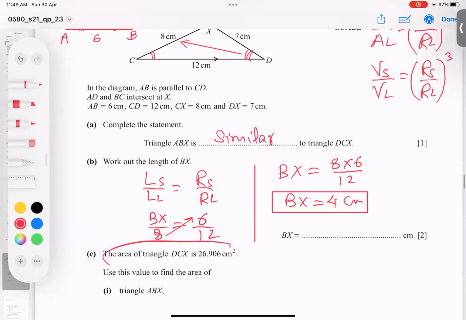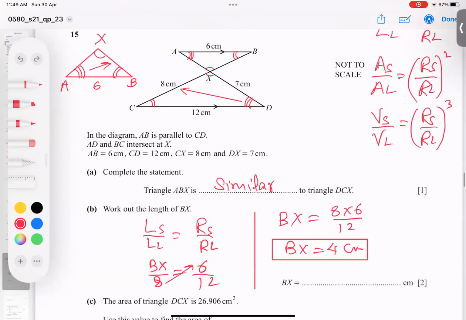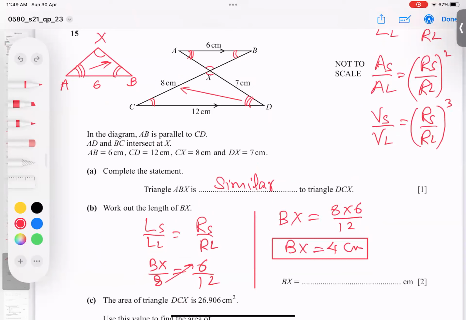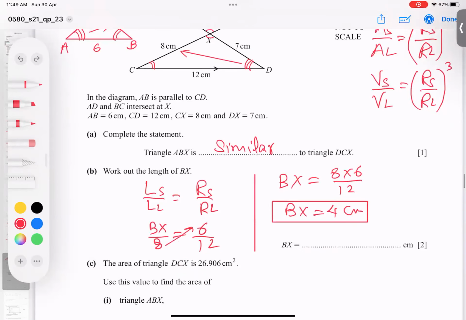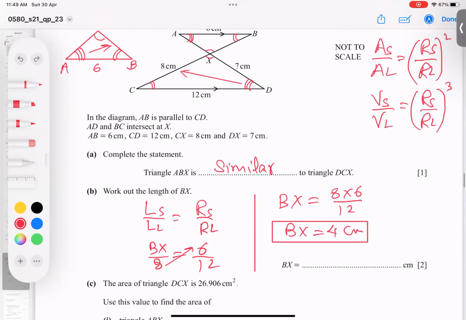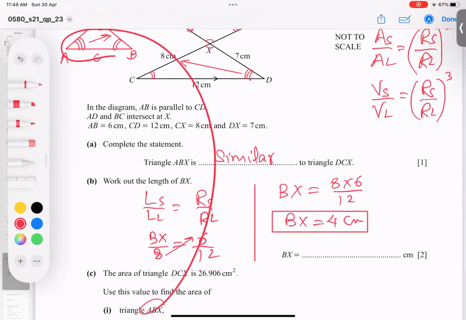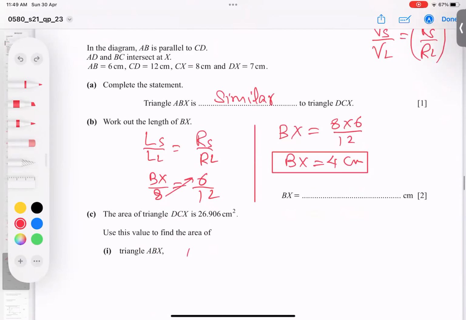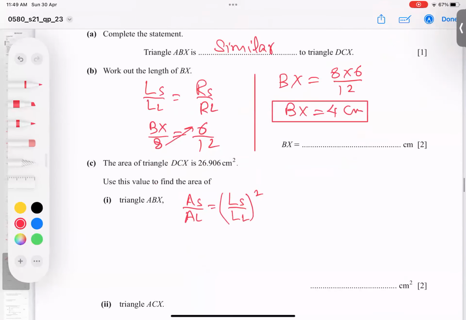Now the area is coming, the area of DCX, this bigger triangle. The upper triangle, forget it, I will not focus on that one. The area of the bigger triangle is given, and he is asking for the smaller area. So area of small is the question mark. Keep it up: area of small up, area of large down, length of small up, length of large down, and put a square here.